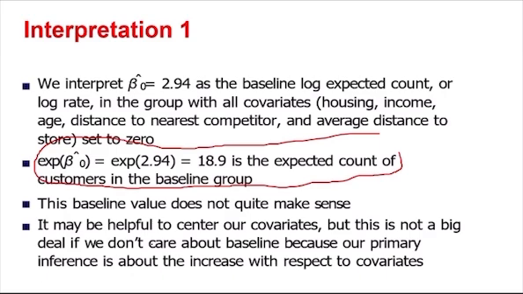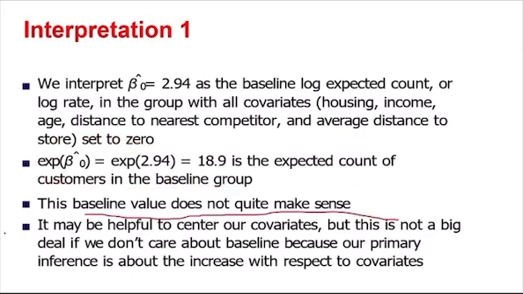If you read more, it may be helpful to center our covariates, but this is not a big deal. We still need to include the intercept in our model, even if the interpretation associated with it doesn't make sense. We have a statistical reason.